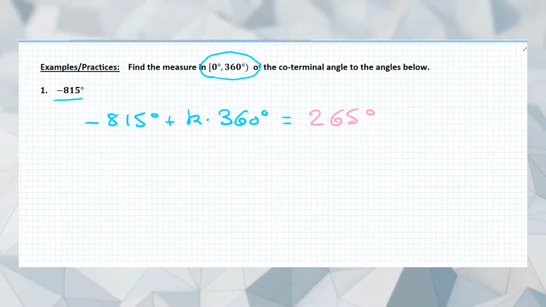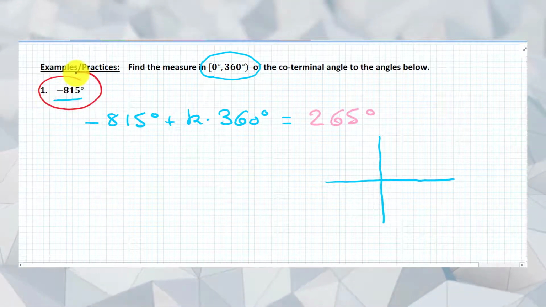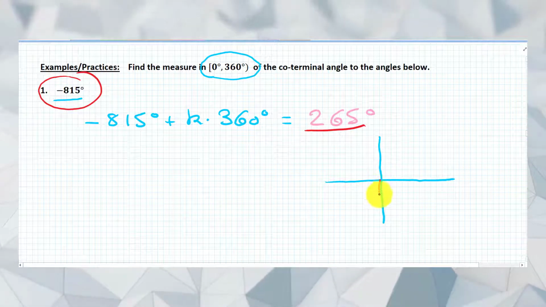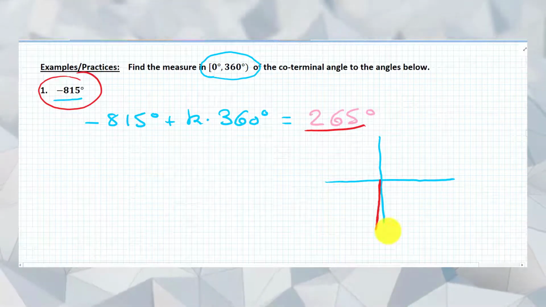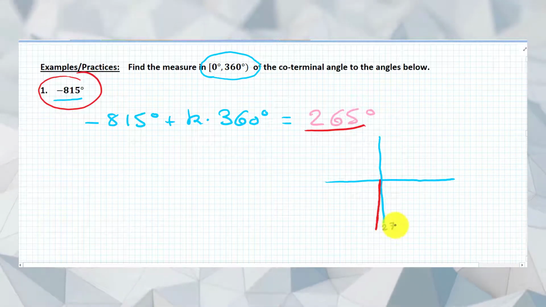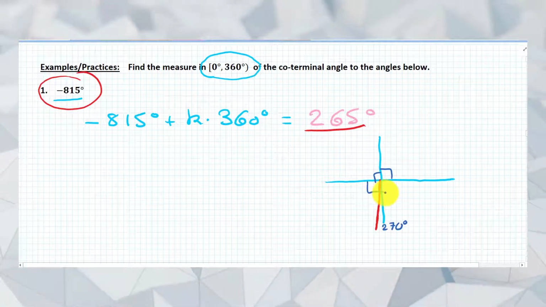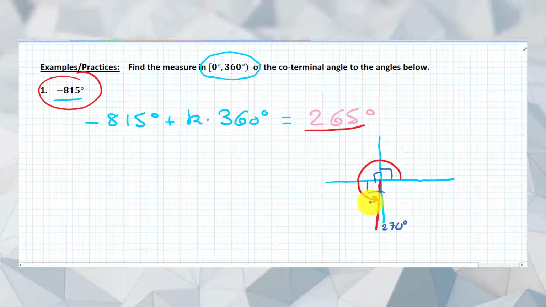And what I like here is that I know where this angle is. When you look at the original angle, you're not sure where to place it. But now with this one, I know where it is. It's going to be somewhere near 270 degrees. Remember that this angle right here is 270 degrees, 3 times 90, 1, 2, and 3. And so 265 is right here.